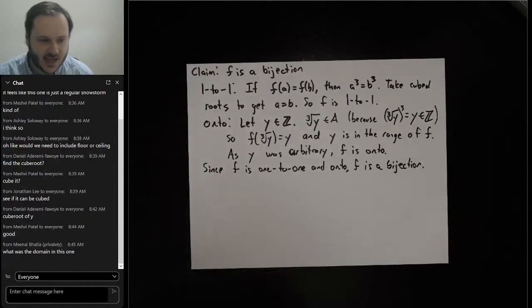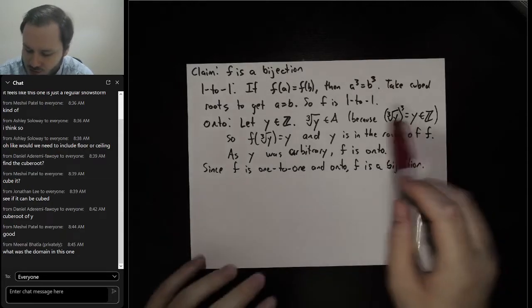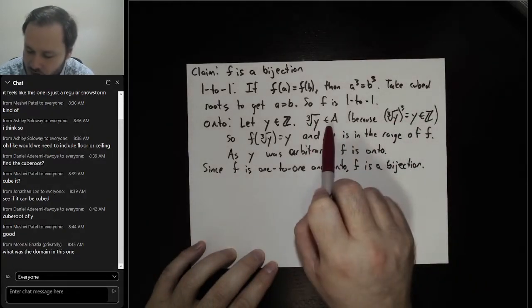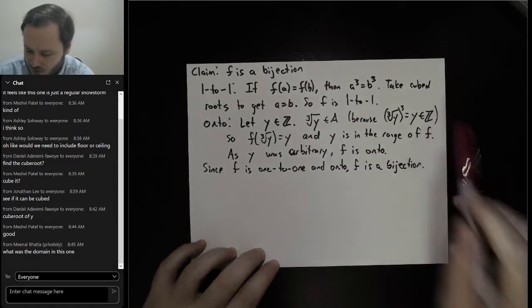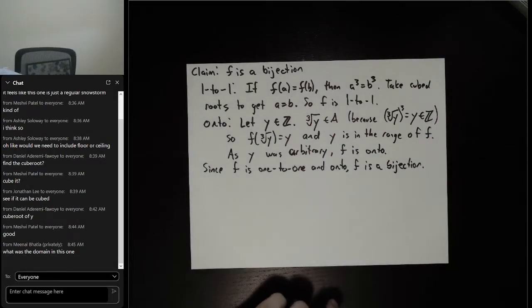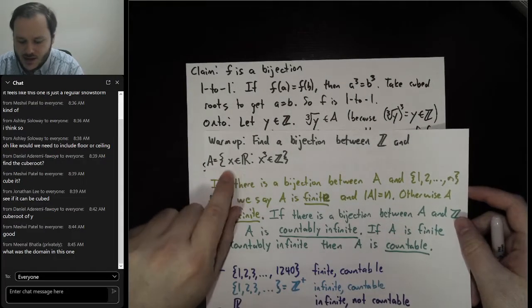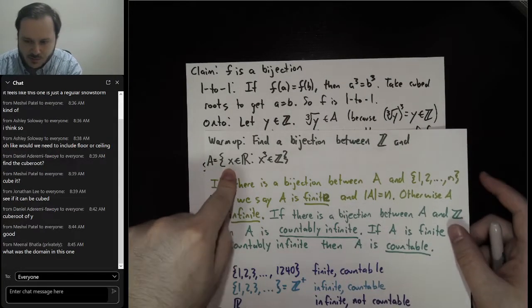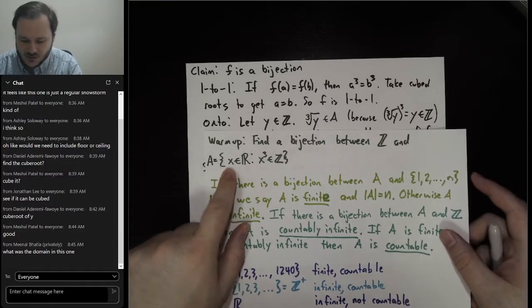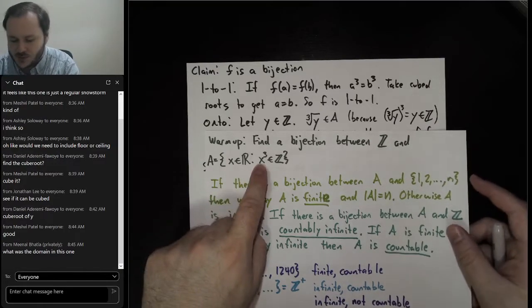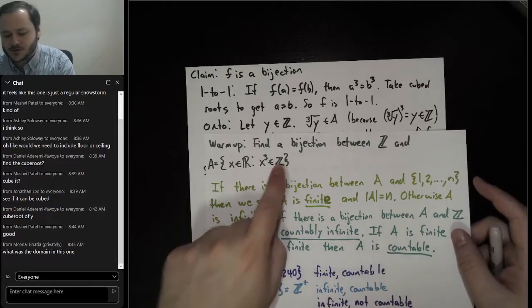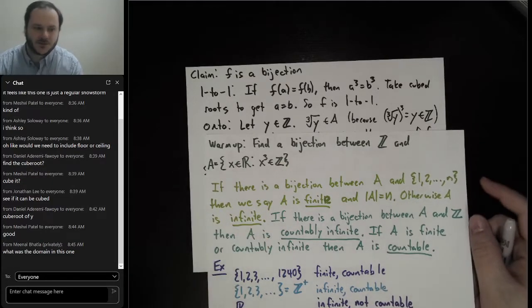The domain was the set A. Our inputs were numbers that when you cube them, you get out an integer. That was the set I called A up here. It's a set of real numbers, but it's not every real number. It's real numbers with the special property that when you cube them, you get out an integer. So that works for integers. It also works for cube roots.